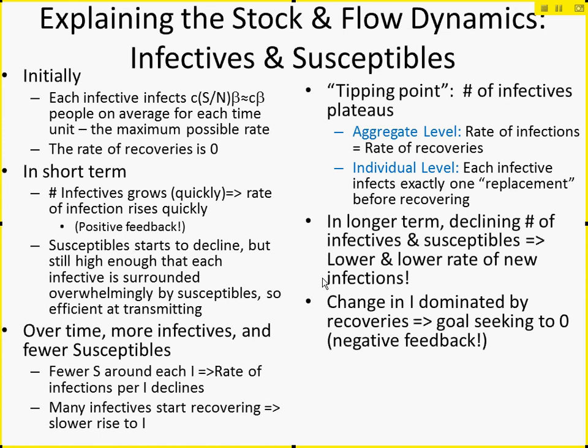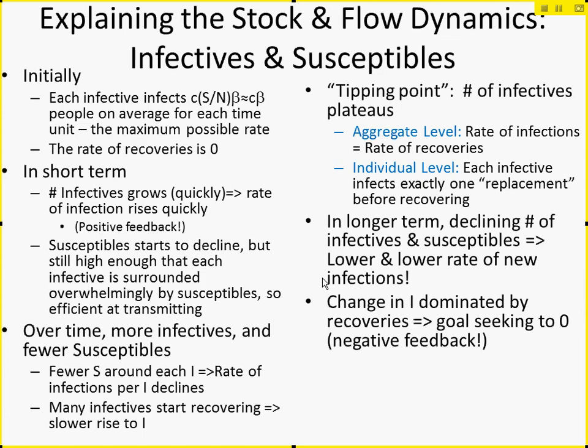We have C times beta being epsilon, so we have I dot equals C beta times I. So we get this positive feedback, okay? So it's growing. Susceptible starts to decline, but it's still high enough that each infective is surrounded overwhelmingly by susceptibles, okay? Okay, so then what happens over time?